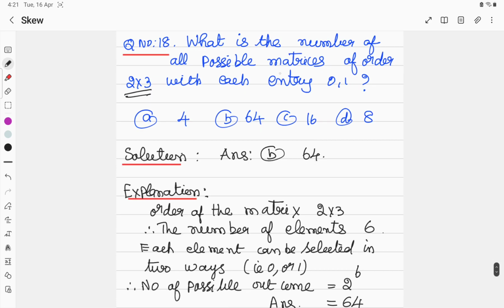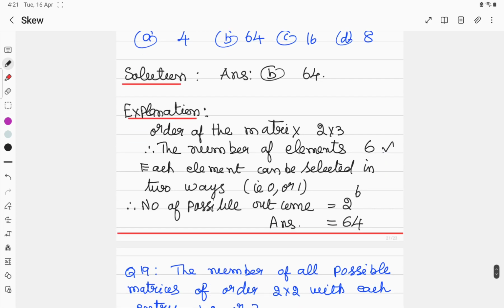How? Here the order of the matrix is 2 into 3, so the number of elements is 6. These 6 elements can each be selected in 2 ways, either 0 or 1. So the number of possible outcomes is 2 power 6, which becomes 64. So answer B, 64.